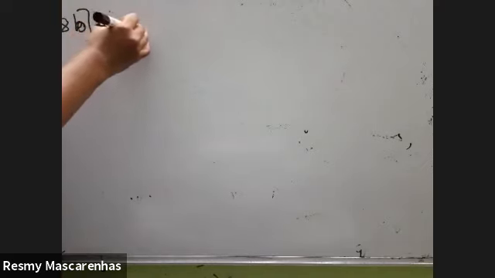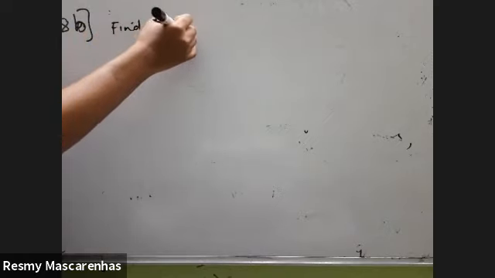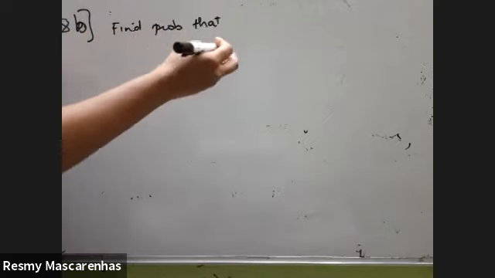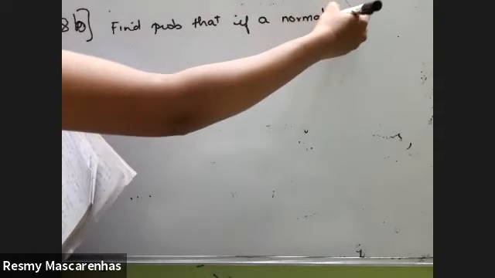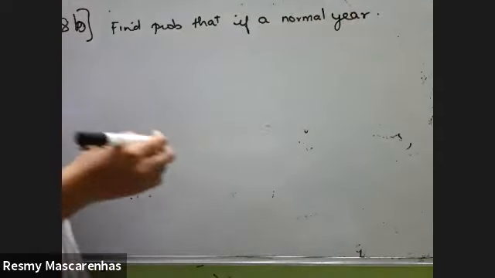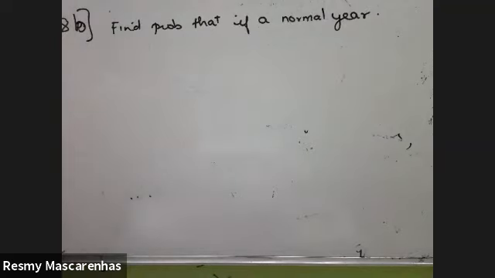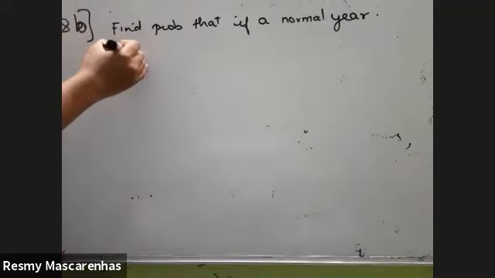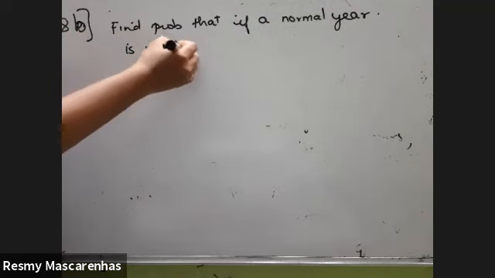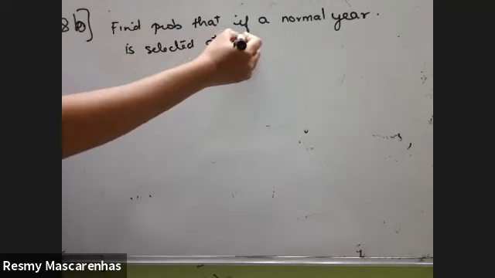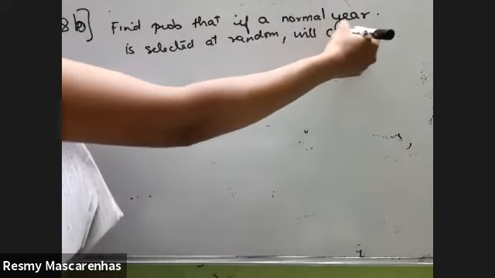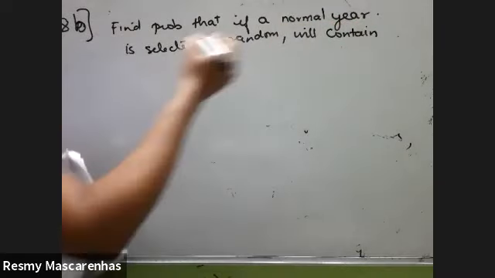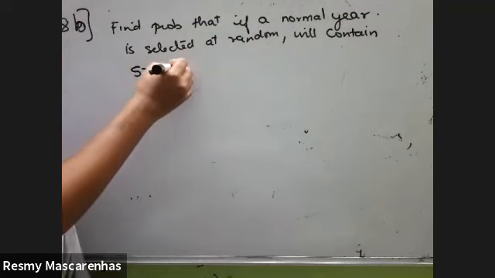Same thing, find the probability that if a normal year is selected, suppose it is not a leap year, at random, it will contain the same question, 53 Sundays.